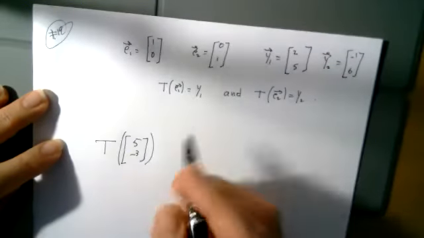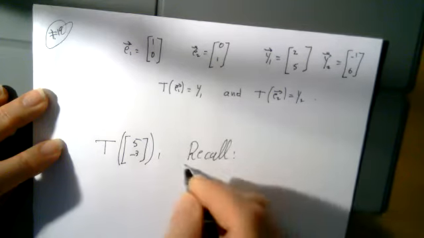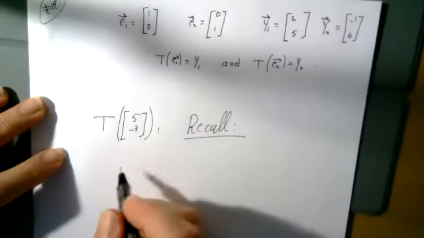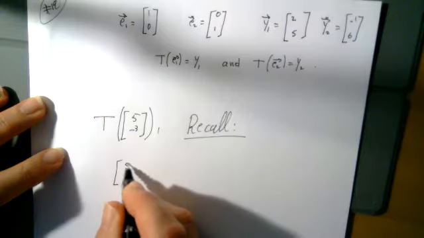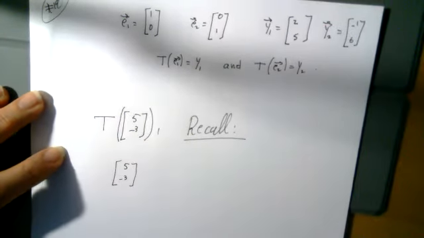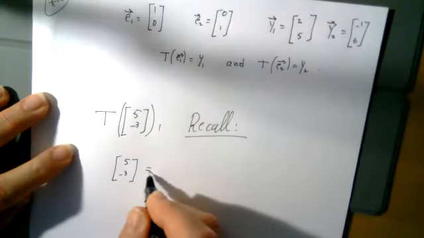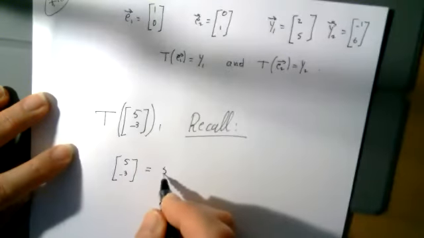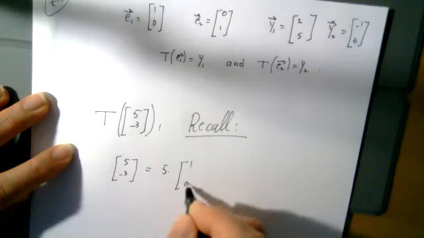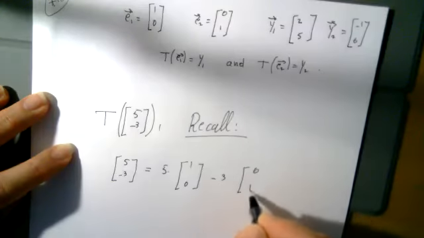Okay, let us recall. How can I write 5 minus 3 in terms of E1 and E2? Remember? 5E1 minus 3E2. Because what's 5 minus 3? It's 5 times 1, 0. That's one way. Minus 3 times 0, 1.